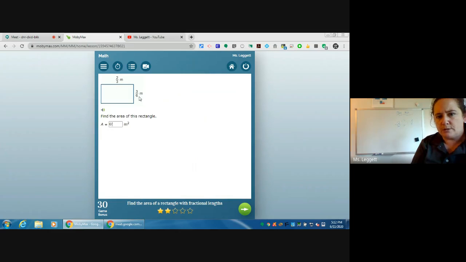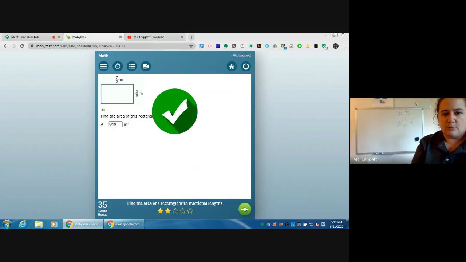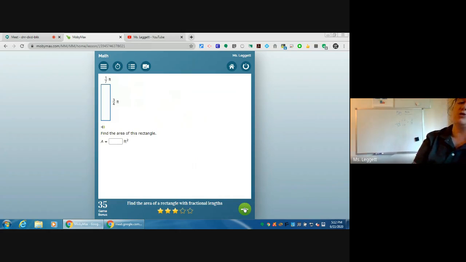Denominator, 3 times 6 is 18. Now this can be simplified because 18 divided by 6 is 3. Let's see if they take it though. Ooh, they do take it. Interesting. Okay, well, that's less work for us, right? Okay, 1 times 3 is 3. 7 times 4 is 28.